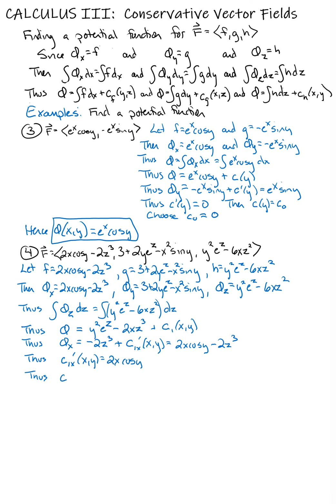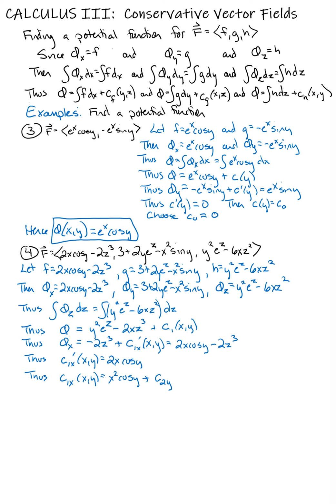Well, then what is C1? Notice I'm integrating with respect to x. This gives me x squared cosine y plus a constant, call that C2, but this constant is going to be in terms of y's only.